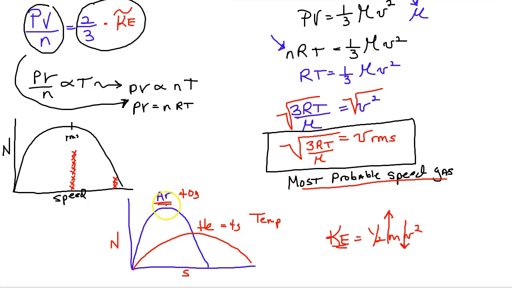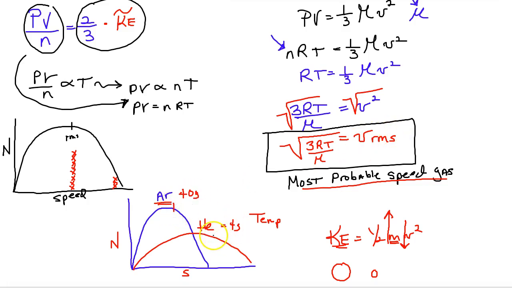So argon is going to have a lower speed for the same kinetic energy because it has what? Higher mass. It takes a lot more energy to move a bigger particle than a little particle. So even though these both have the same temperature and same kinetic energy, argon's going to have less velocity because it's going to use up part of its kinetic energy to move bigger particles. So it's going to move slower, and therefore its root mean squared speed is going to be what?